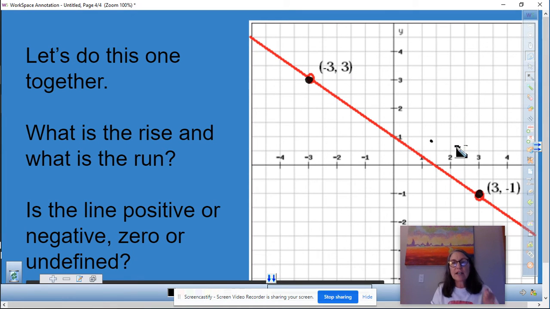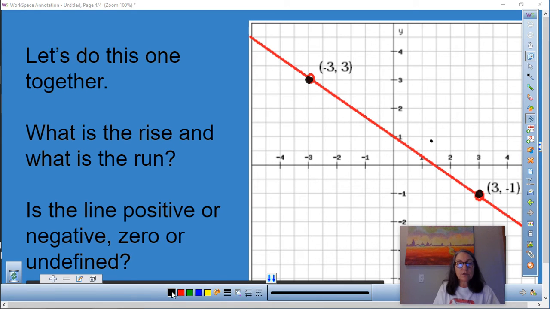But we want to find the rise and the run. It's always good to draw lines. That's what I like to do. So I'm going to choose a blue line here to show you the rise. So it rises from here straight up. Remember, we're making slope steps. How far did we rise? 1, 2, 3, 4, 5, 6, 7, 8.